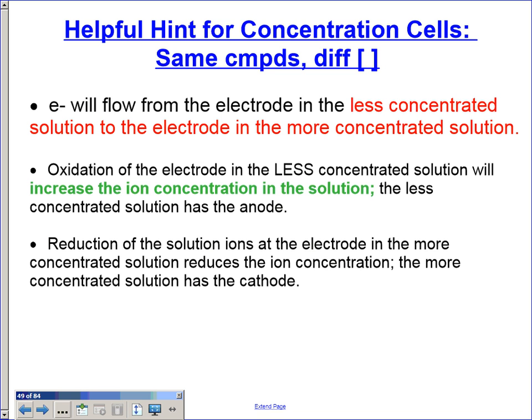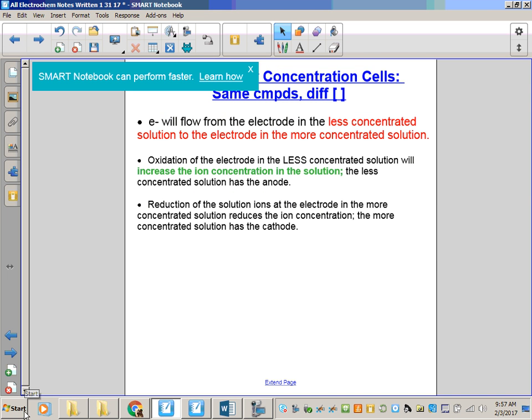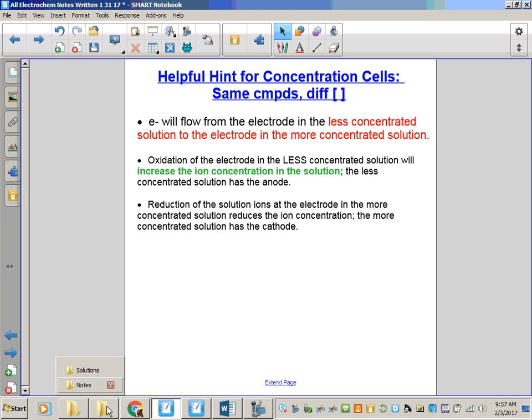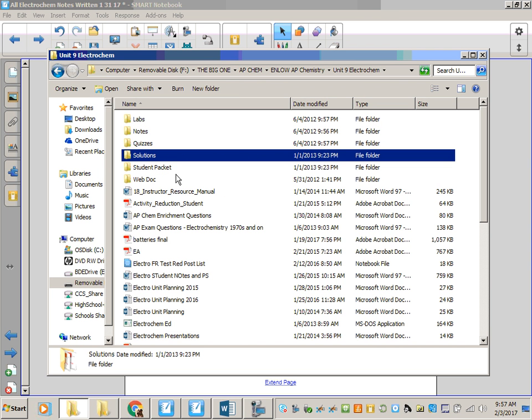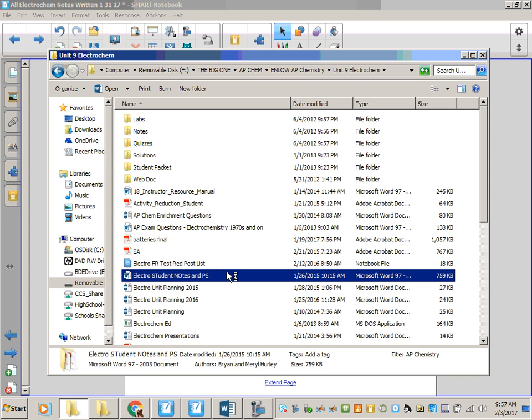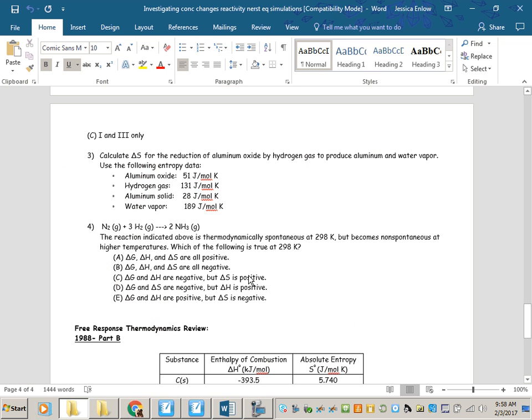I think we have 2 or 3 of those this unit. Start with 1 and 3.